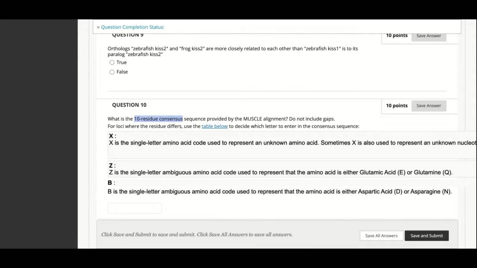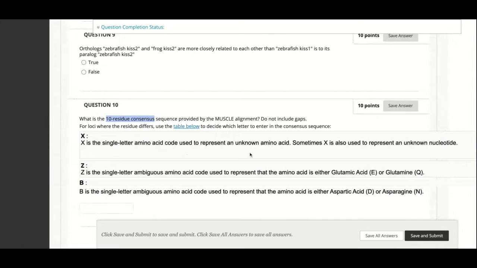So when you write the sequence, you would write an X if it's some unknown amino acid, meaning there's so much variation in that position that you just put an X on your consensus sequence.